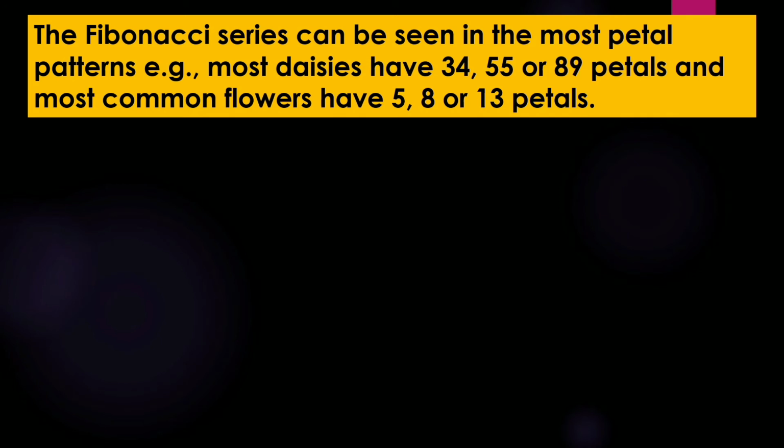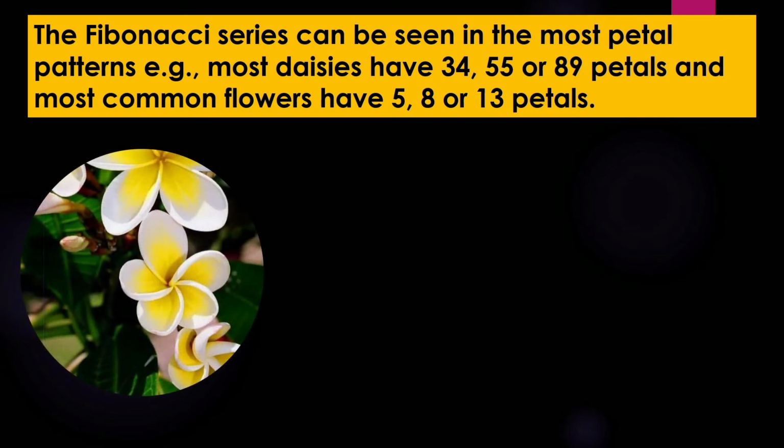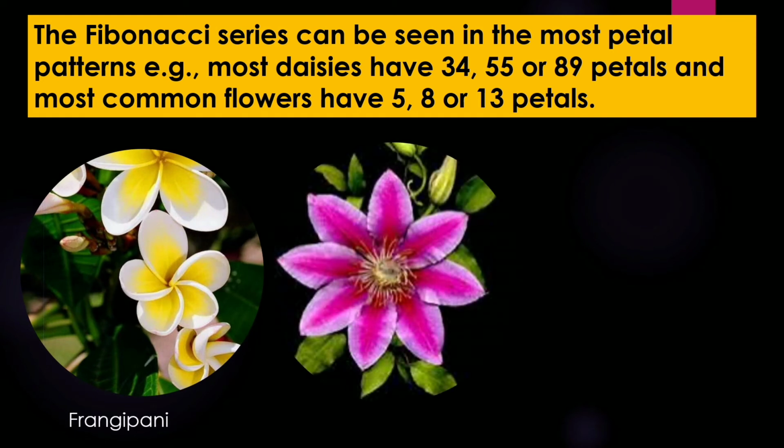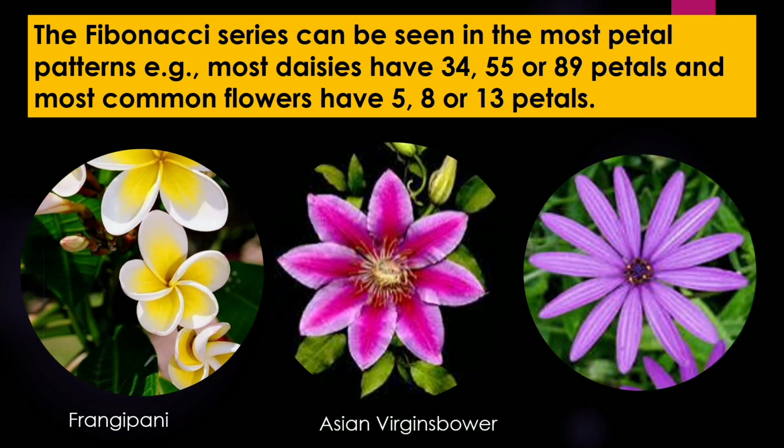For example, most daisies have 34, 55 or 89 petals, and most common flowers have 5, 8 or 13 petals. Look at these flowers. You can notice the number of petals in each flower. These are also in the Fibonacci sequence.